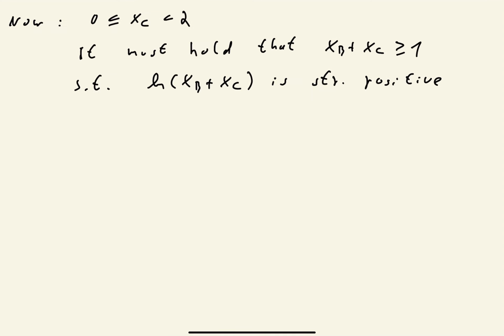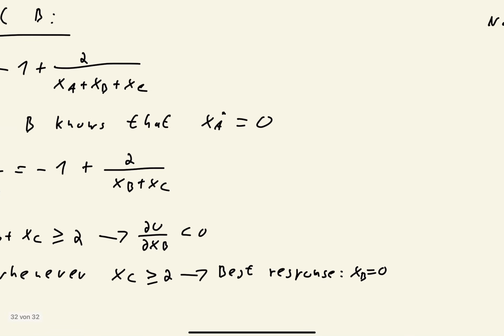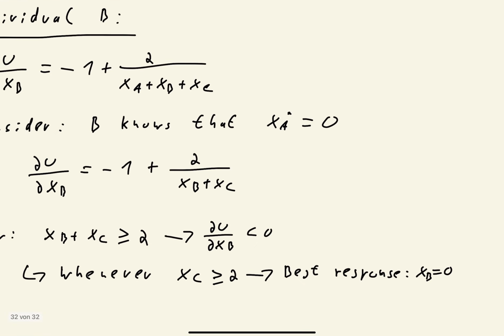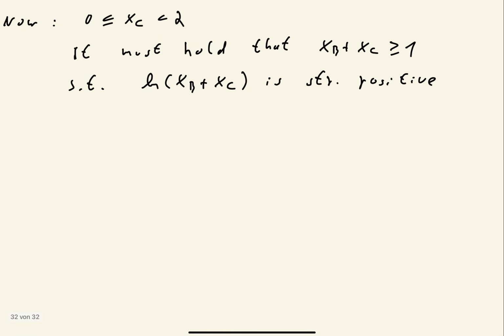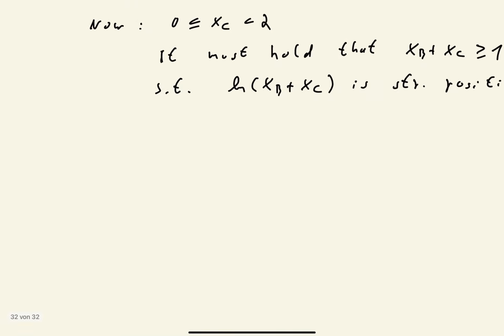Now, how can we derive the best response of individual B? Well, this is done by solving the marginal utility when we set it equal to 0. So let me denote the following.